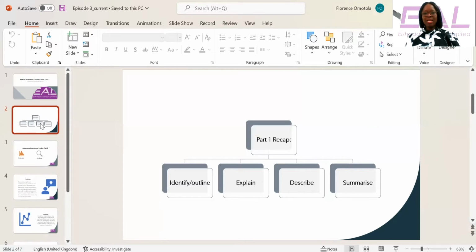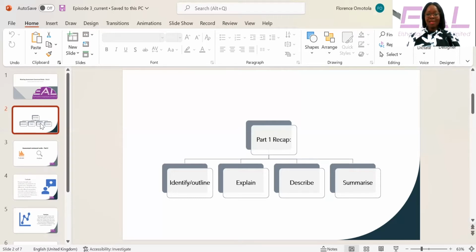So when you're explaining, you're providing detailed information showing the reason why and how. Most often it is advisable that you support this type of written essay with practical examples, especially for individuals that are in the workplace.